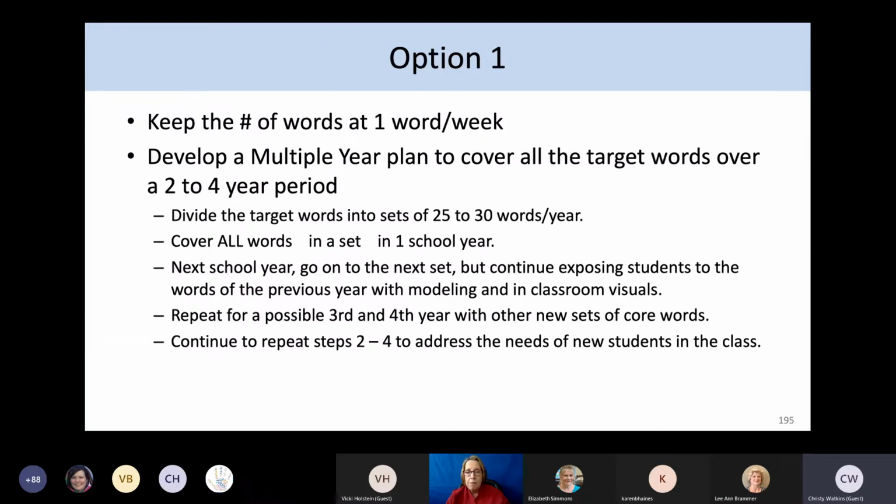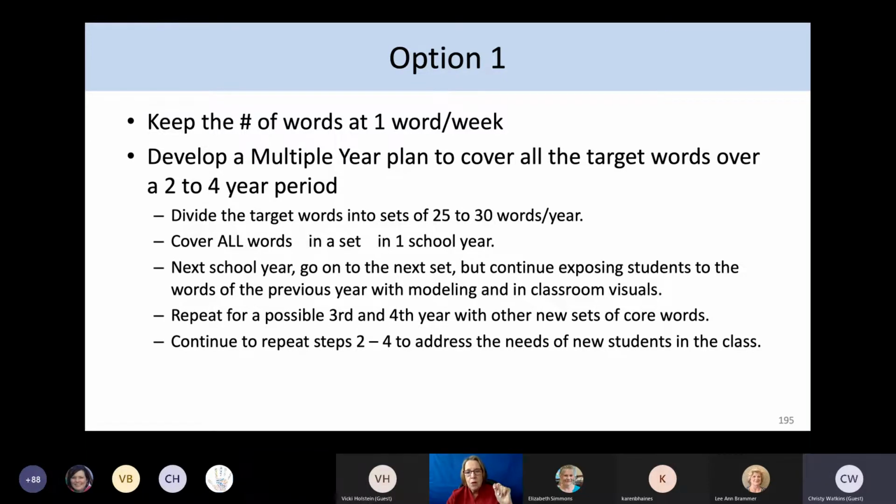Option 1. When I was working up and consulting in this school district outside of Chicago, they decided that they were only going to keep their word of the week at 1 word per week. These were programs with significantly impaired kids, many kids at the level of emerging communicators.